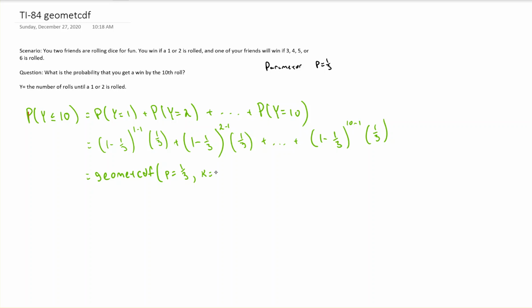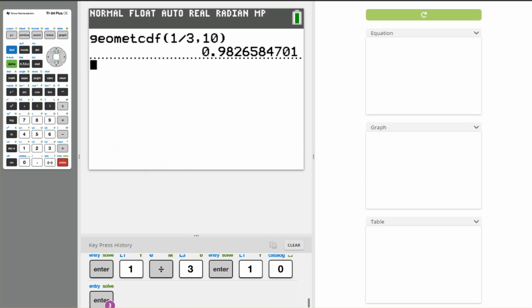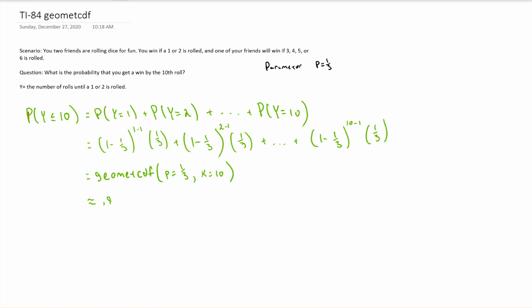So I'm letting k equal 10 here. So I need to write geometcdf, p is equal to 1/3, k is equal to 10. So specify to the reader, the grader, what those two numbers are. And then I can write down what my calculator gives to me. So about 0.9827 is what I get here.